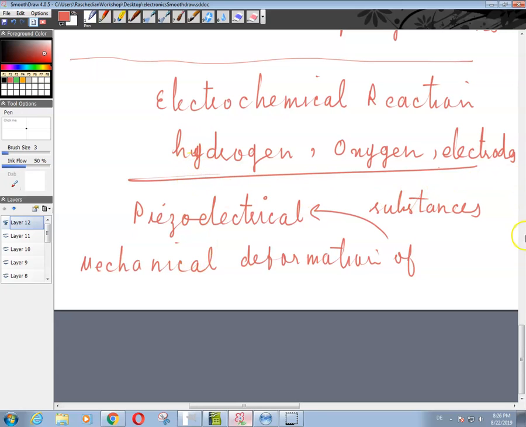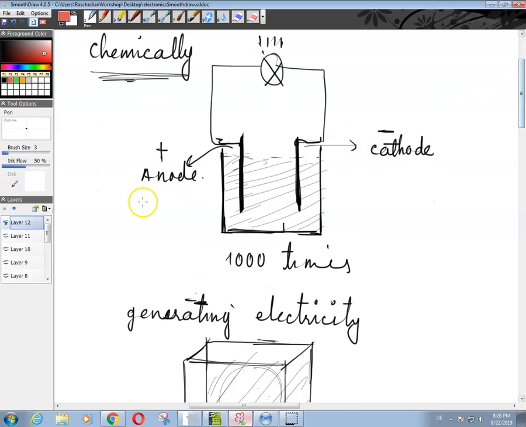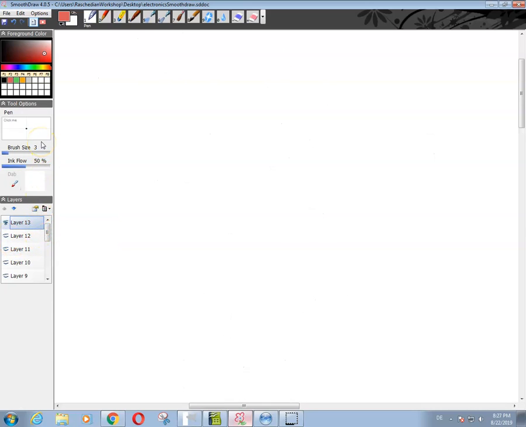Now, the next thing that we need to take care of is the battery, which is most of the simple examples. As such, the source provides a potential difference to a circuit that enables a current flow.